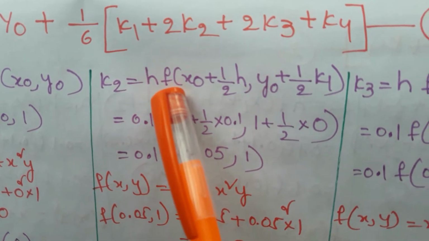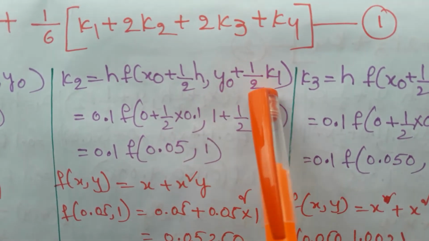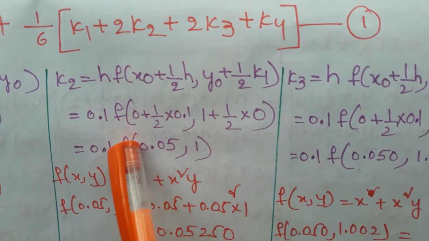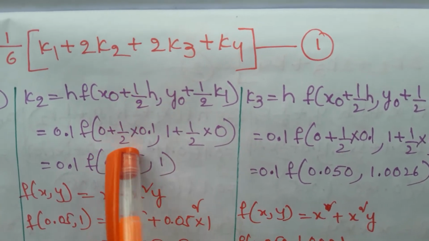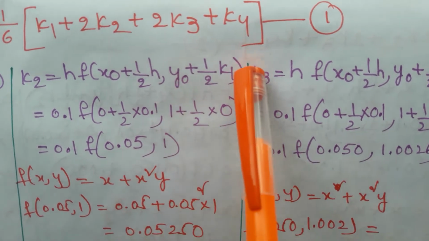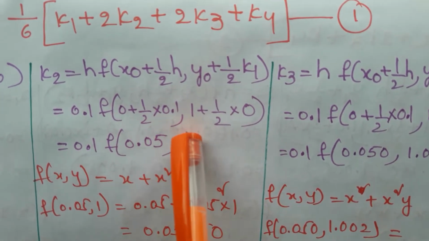And k2 is h into f of x0 plus 1 by 2 into h comma y0 plus 1 by 2 into k1. The h value is 0.1. x0 is 0 plus 1 by 2 into 0.1, comma y0 value is 1 plus 1 by 2 into k1, which is 0. So 0.1 into f of 0.05 comma 1.